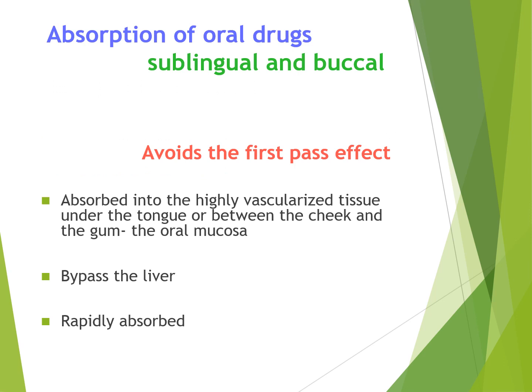This avoids the first pass effect, absorbed into the highly vascularized tissue under the tongue or between the cheek and the gum. The oral mucosa bypasses the liver, rapidly absorbed. Okay, so again, that highly vascularized tissue under the tongue or between the cheeks, right? So a common drug that's given sublingual, of course, is nitro for chest pain.